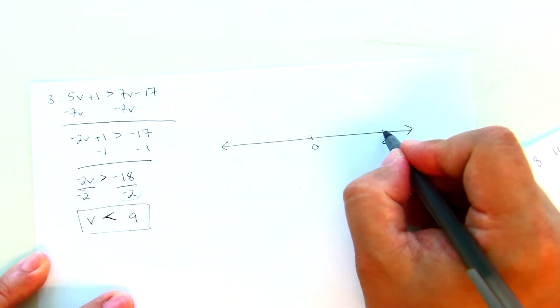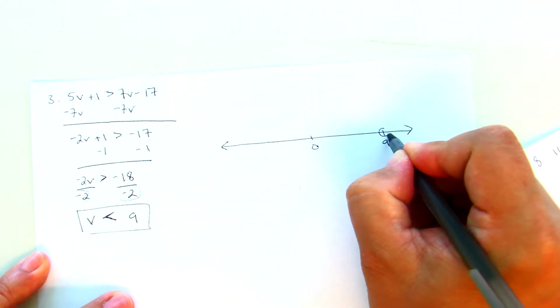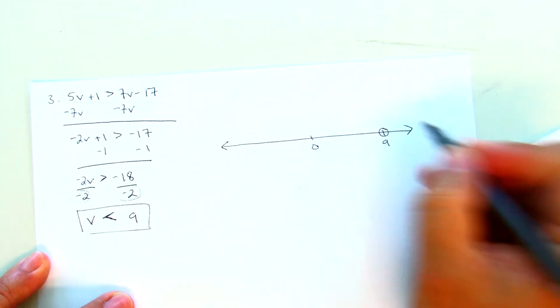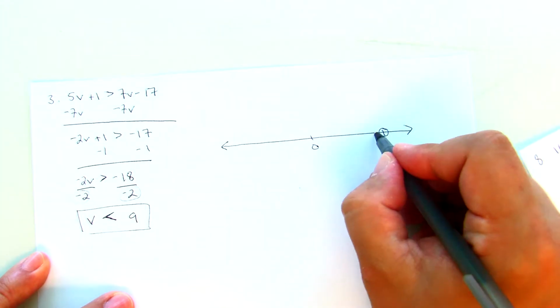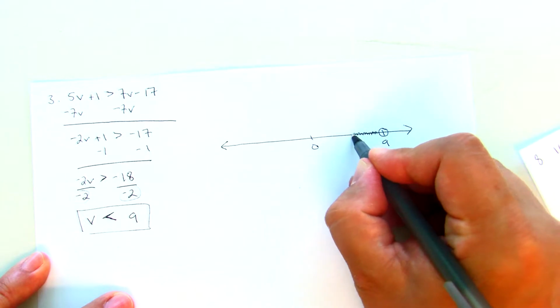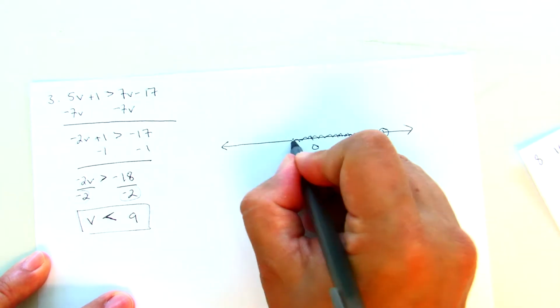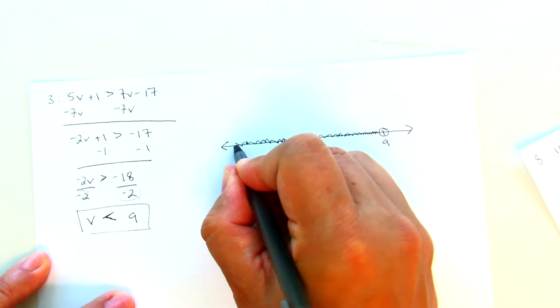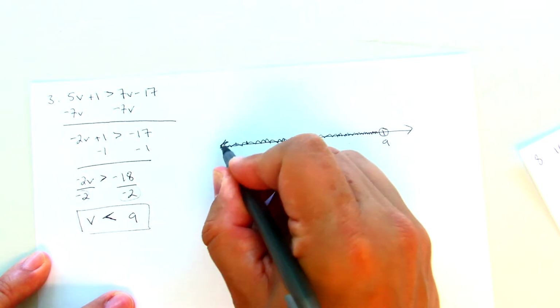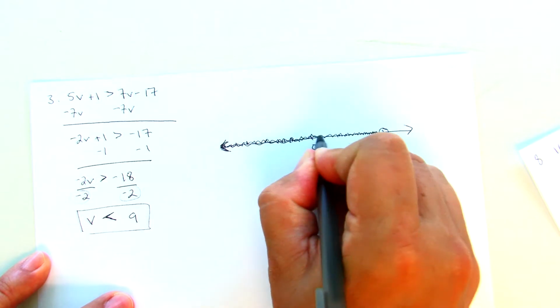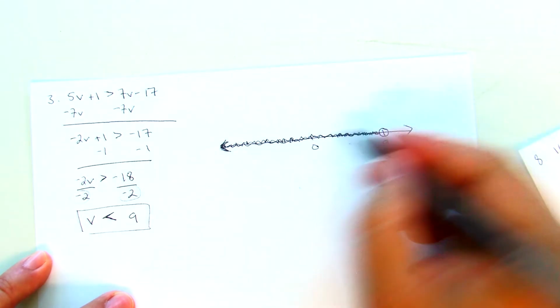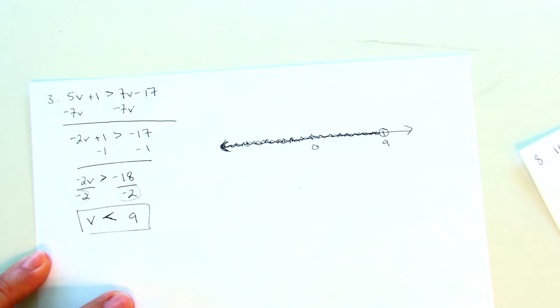So the way we would represent that is we would put an open circle over 9. Open means that it's not including 9. And then we would just draw a line going this way, and that indicates everything less than 9, not including 9.